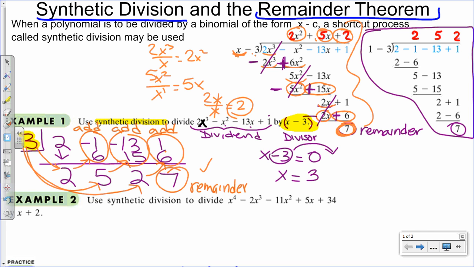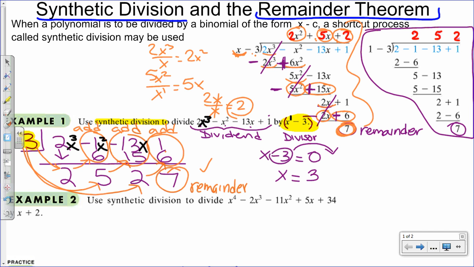No, not 2, 3. So here, this is x cubed, this is x squared, this is x, and this is a constant term, the 1. After we divided, what was the degree of the divisor? What is the exponent of the x here? A 1. So the degree of the divisor is a 1.